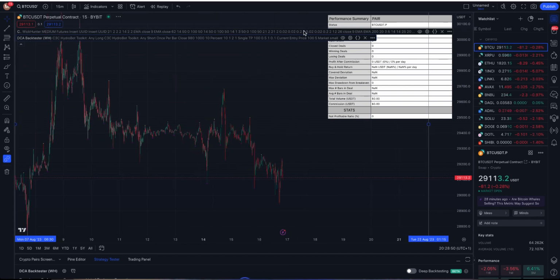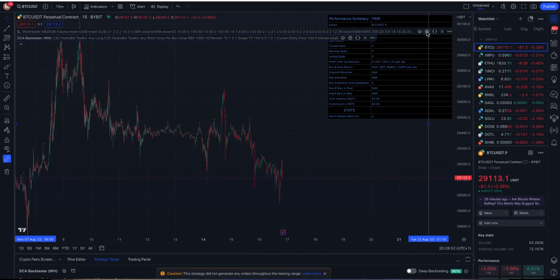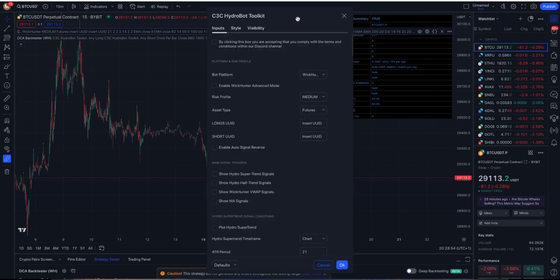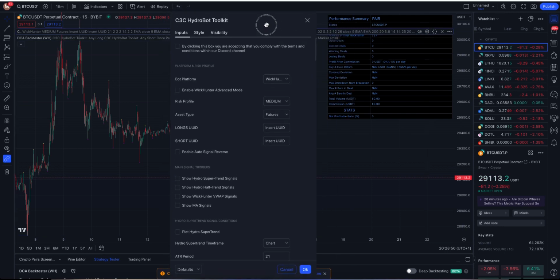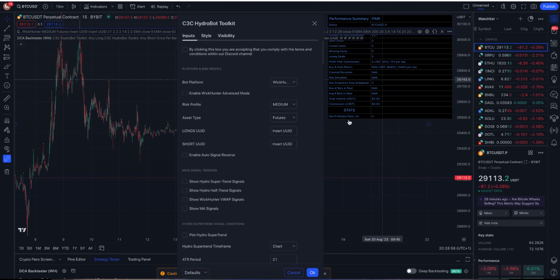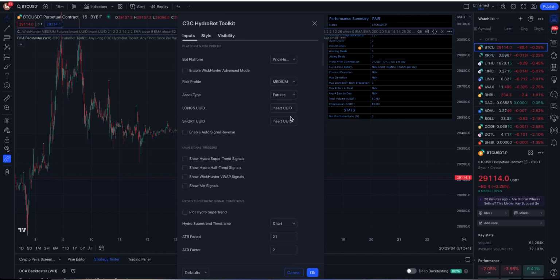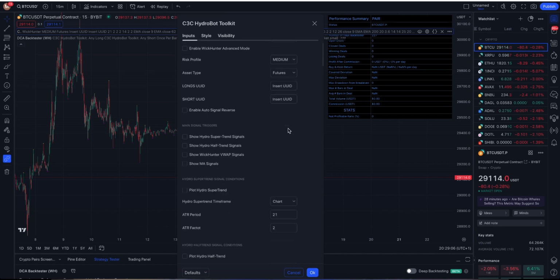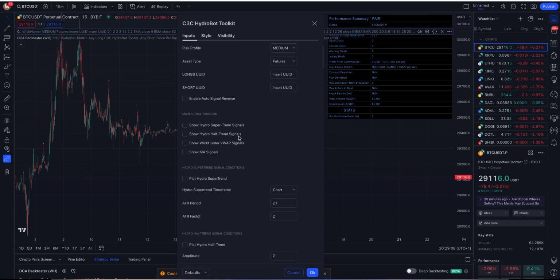So now if we go into the Hydrobot, we'll move this to the side so we can see this part here. Click the disclaimer. We can ignore this for now because we're just finding some good settings.